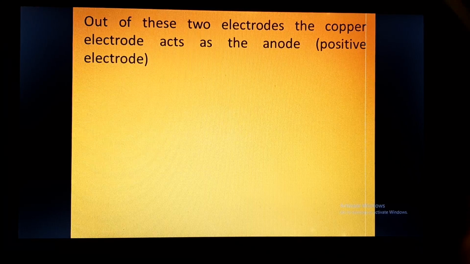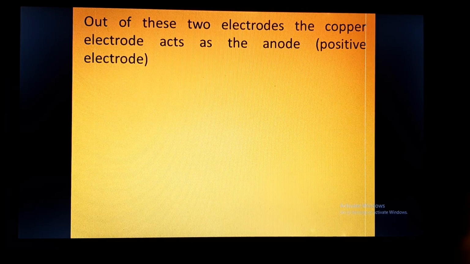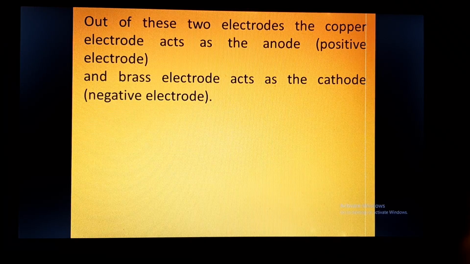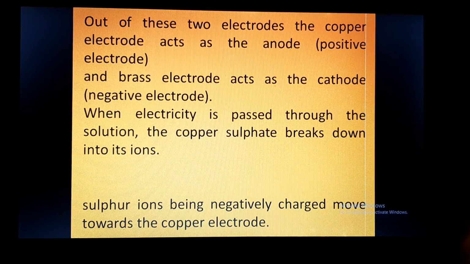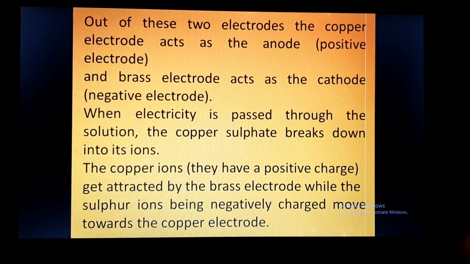So out of these two electrodes, the copper electrode acts as the anode, which is the positive electrode, and the brass electrode acts as the cathode, which is the negative electrode. When electricity is passed, copper sulfate breaks down into its ions, that means copper ions are positive and sulfate ions are negative. Copper ions which are positive get attracted to the brass electrode. Why to the brass electrode? Because the brass electrode is negatively charged.